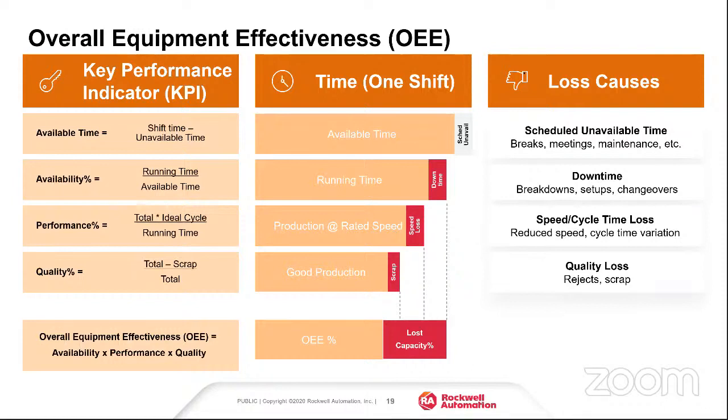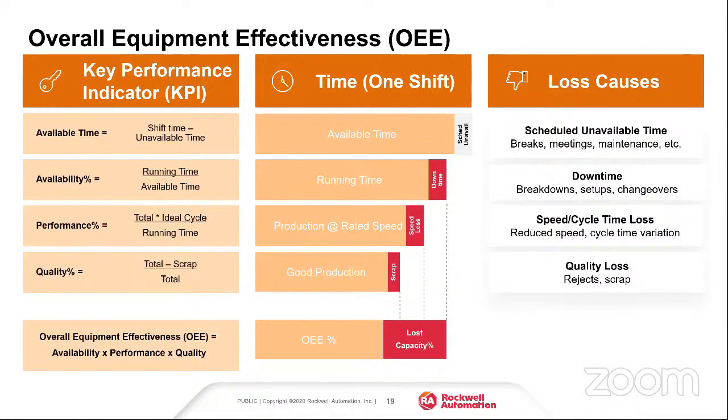Performance is the total number of products or total run rate through the running time, and quality is the total quantity meeting the quality spec out of the total produced quantity.